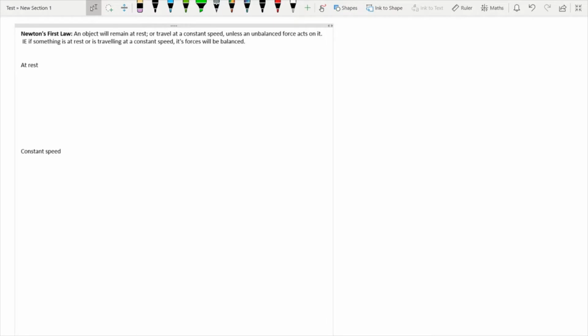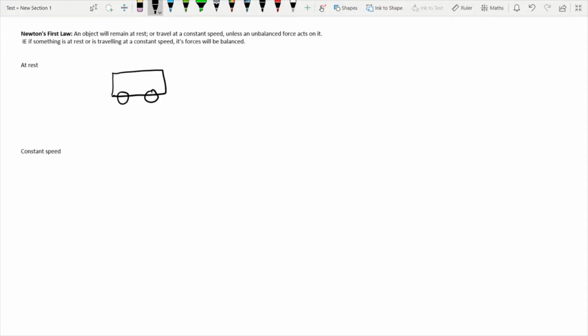Newton's first law is an object will remain at rest or travel at a constant speed unless an unbalanced force acts on it. So, i.e., if something is at rest or if it's traveling at a constant speed, its forces will be balanced. So, if something is at rest, say a car, let's just use cars. There we go, my beautiful drawing of a car there.